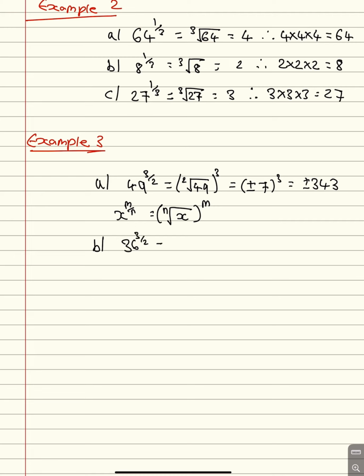So if we had 36 to the power of 3/2, again, you take the square root of 36, because the denominator is 2. And then I put it all to the power of 3, because the numerator is 3. So the square root of 36 is plus or minus 6. Put that all to the power of 3, and then we have an answer of plus or minus 216.